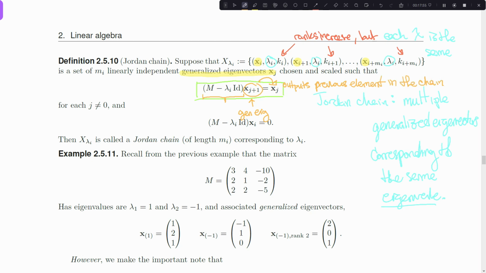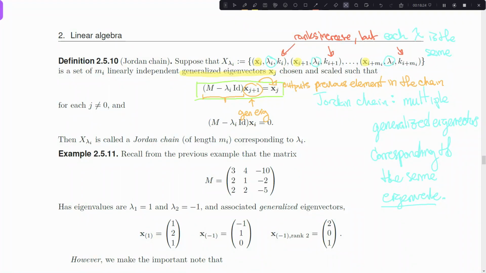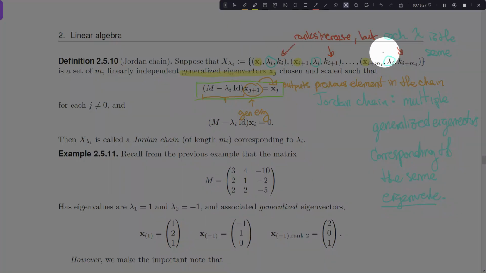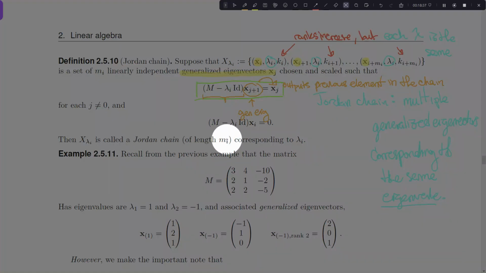Okay, so that's why this is called a chain, because every time I act this matrix on the generalized eigenvector in the chain, maybe this top one, it shifts me down the chain by one element. So it's going to take me from one generalized eigenvector to the next, and at each step it's reducing the rank of the eigenvector. So each step back reduces the rank until we get to the first one there. Okay, so this set is just a set of eigenvectors associated to the same eigenvalue with special ranks that keep increasing. That's called a Jordan chain, and I've added that it has a specific length here. The length is just the size of the set.